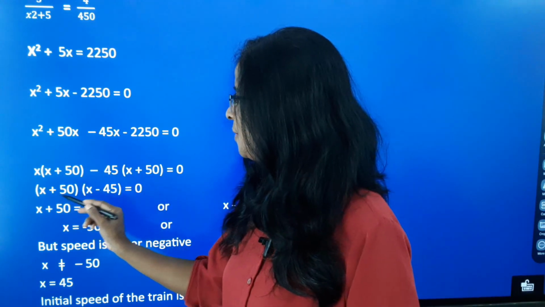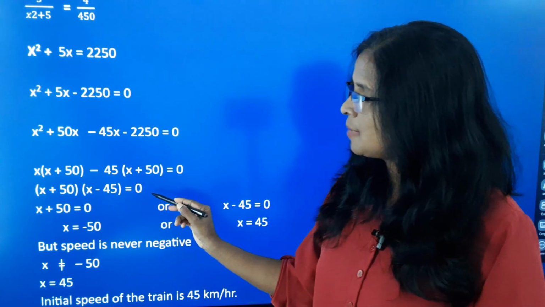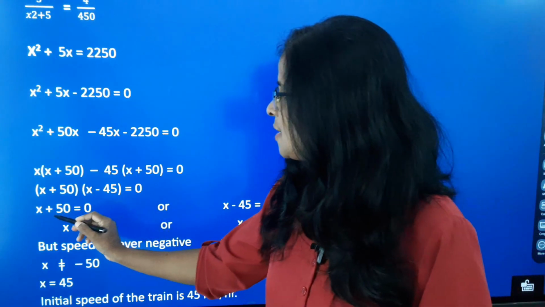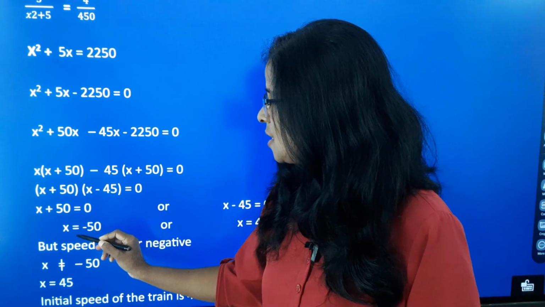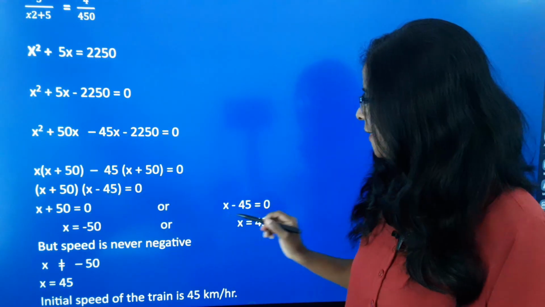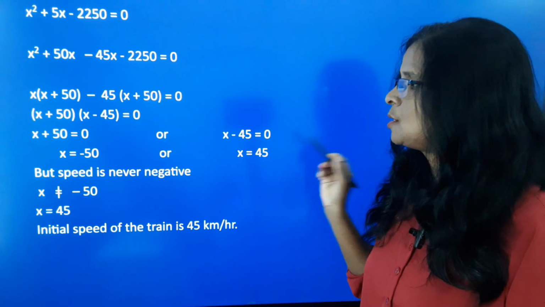So x plus 50 in the first bracket and x minus 45 in the second bracket is equal to 0. So x plus 50 is equal to 0, that means x is equal to minus 50, or the second bracket x minus 45 is equal to 0, that means x is equal to 45.